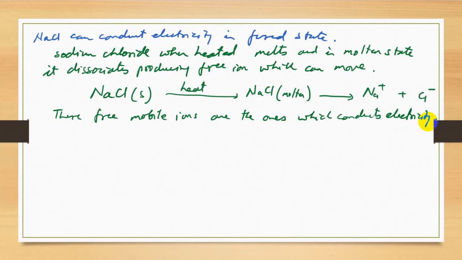So in molten state, it can conduct, but in solid state, it could not, isn't it? There's one more state in which it conducts, isn't it? So that also we'll see.